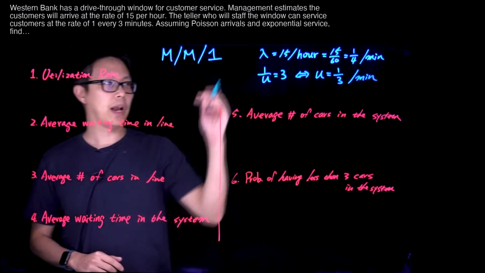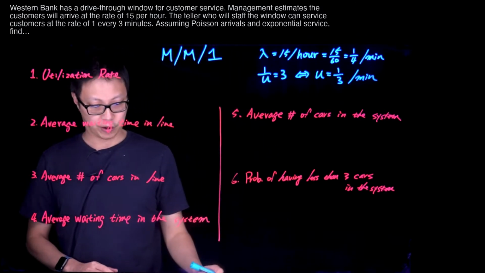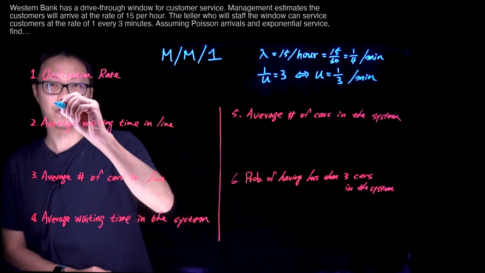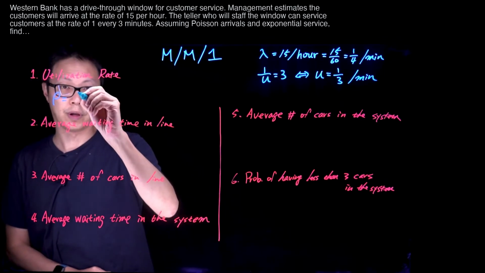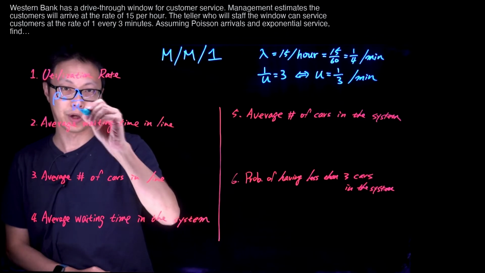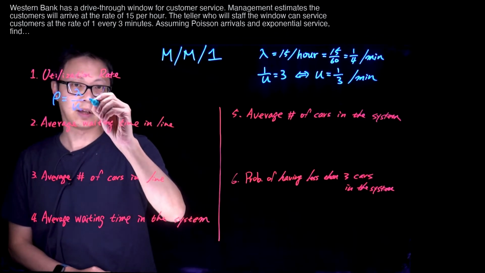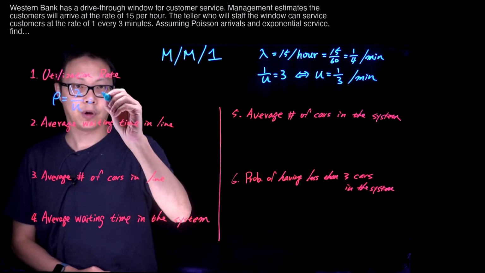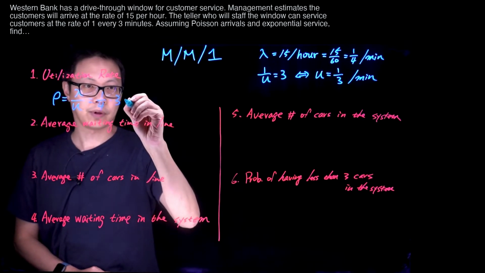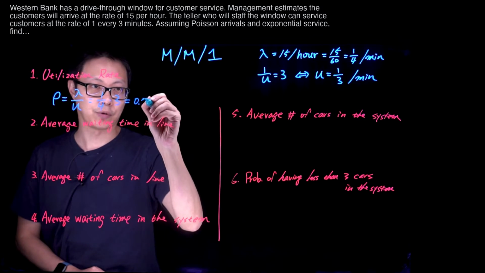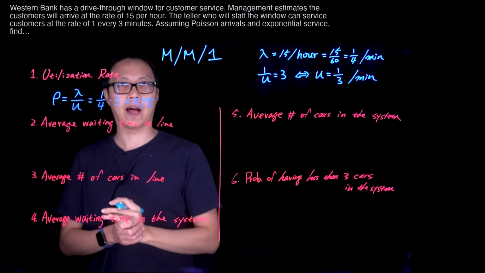Once you know lambda and mu, we can figure out the utilization rate, and we call the utilization rate rho. Rho will be equal to lambda divided by mu. In this case, we have 1 over 4 times 3, which means the utilization rate will be 0.75.